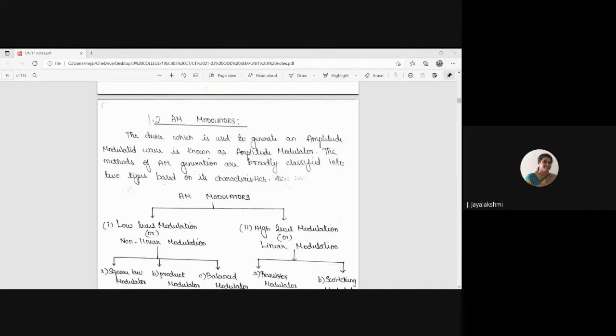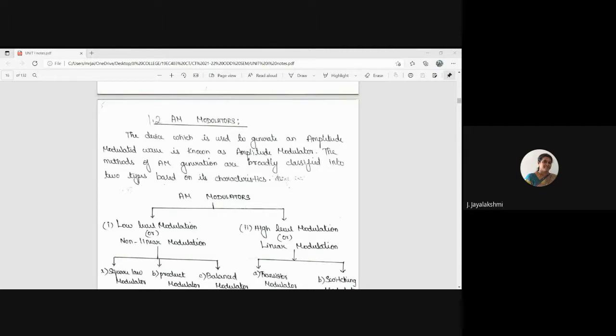Varying the amplitude of what? Which signal you are going to vary? The carrier signal, ma'am. We have to vary the amplitude of the carrier signal with respect to what? Input signal, message signal, or information signal. Okay. So you are going to vary the amplitude of the carrier in accordance to the message signal. Then the resultant signal is going to be the amplitude modulated signal.